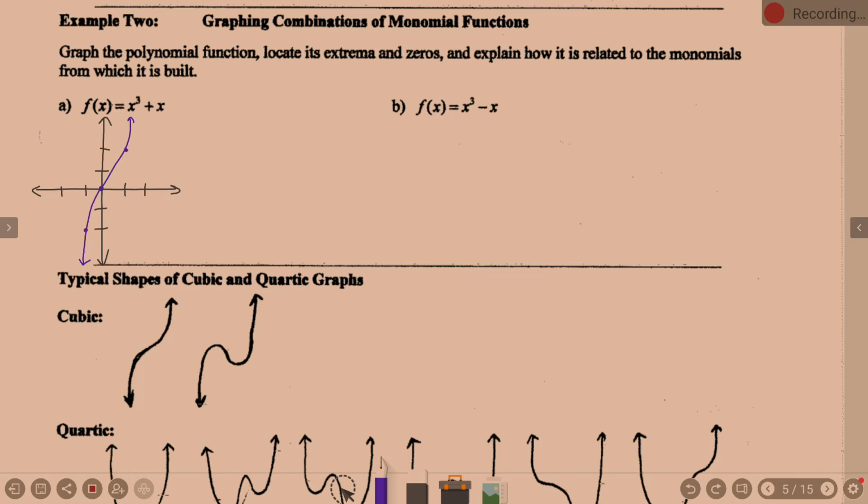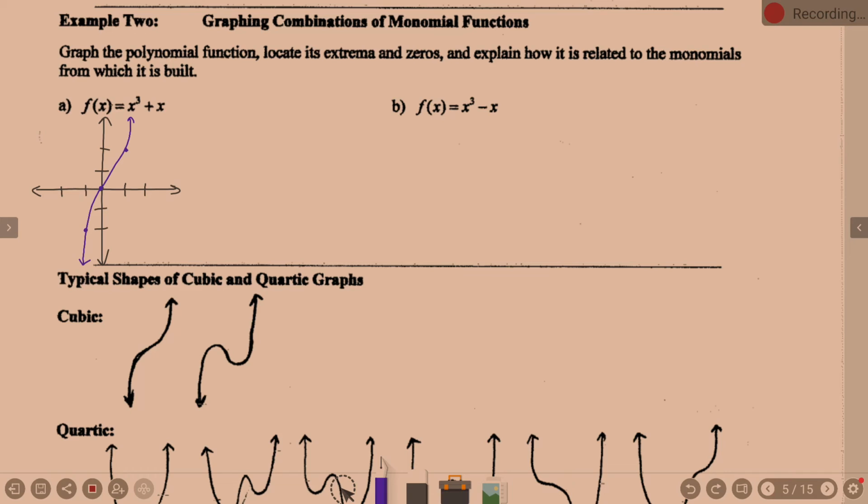Locate its extrema. Do you remember the vocabulary word extrema? Max and min. Okay, that is a pre-calculus, calculus word you've got to stick in your head. You start off with extreme, but that can take you there because the mins and maxes are the extremes, right?